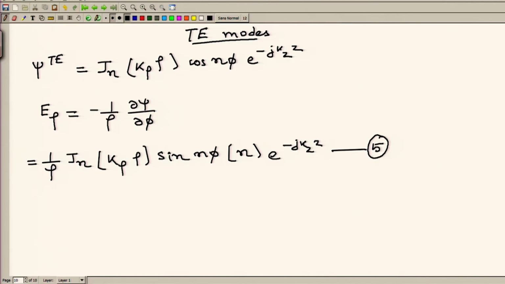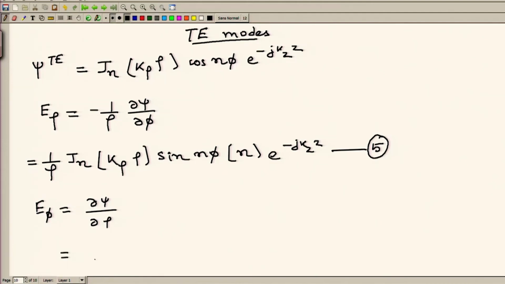So, after E rho we will have E phi. E phi we have as del psi upon del rho. So, with respect to rho we will differentiate.